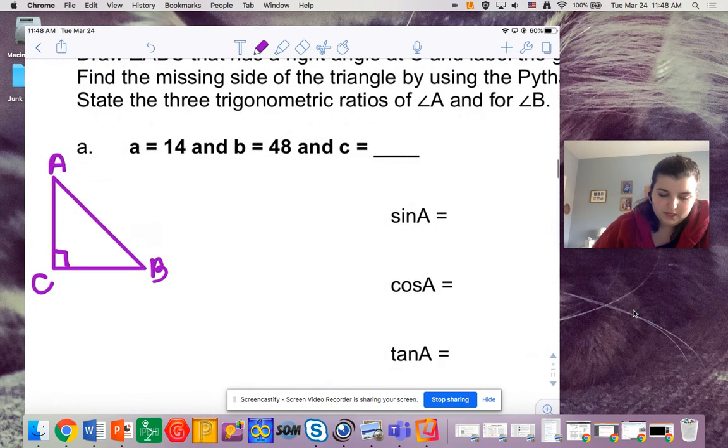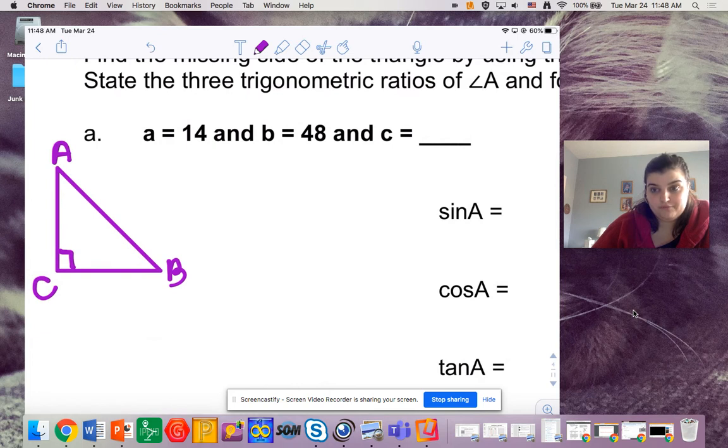So here's something really important to know. Angles are labeled with capital letters and sides with lowercase letters. So side A is going to be opposite angle A. So side A is opposite angle A. Okay.